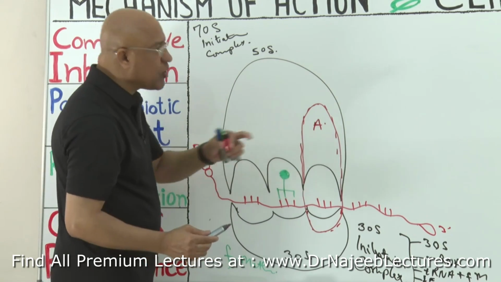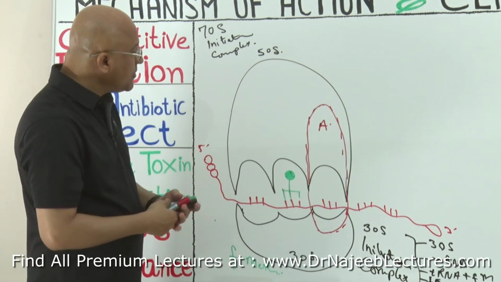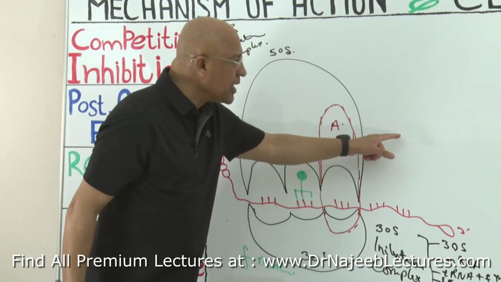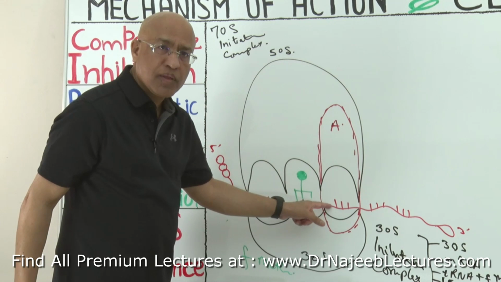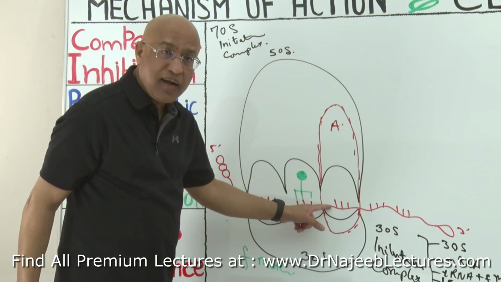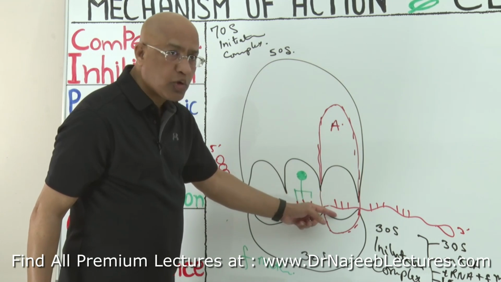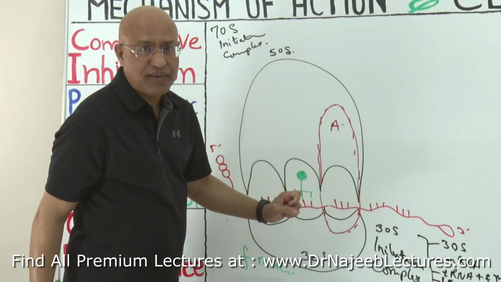Why is this called the A site? Because it is going to accept the incoming transfer RNA with the appropriate codon-anticodon matching and amino acid.